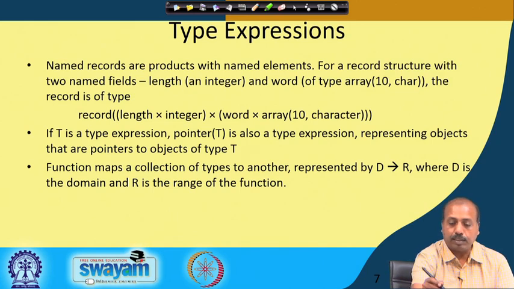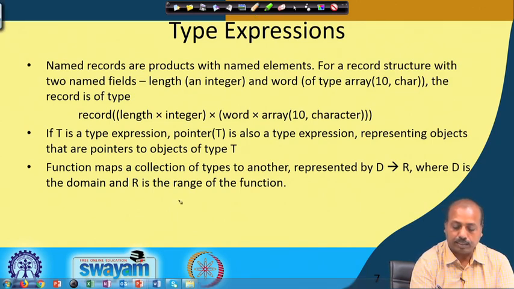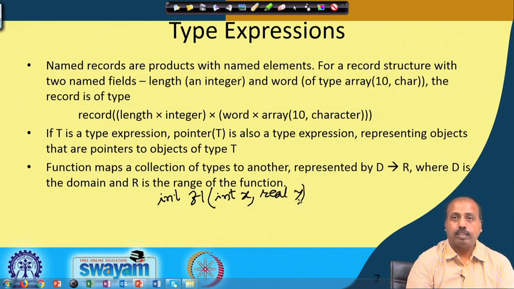We can have something like this: if I have a function, integer f1, with arguments integer x and real y, here the domain is basically the arguments, which belong to the cross type integer and real.